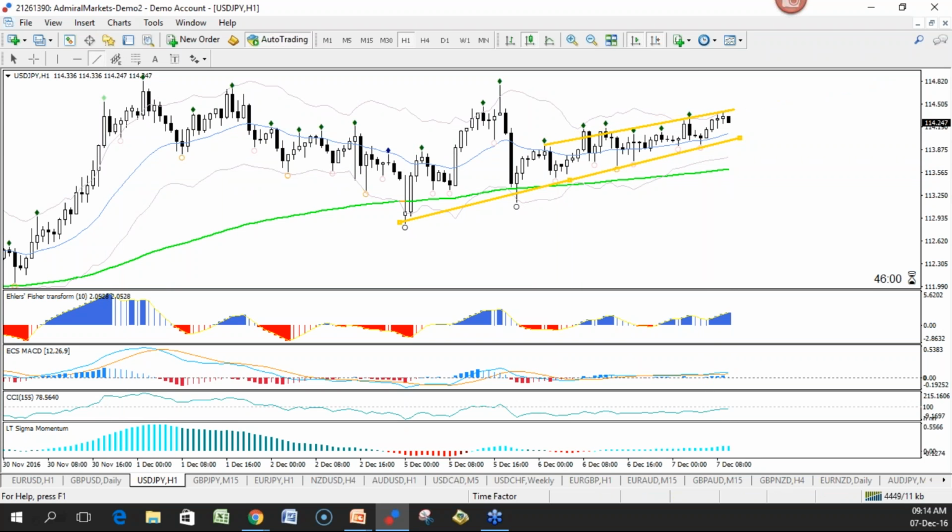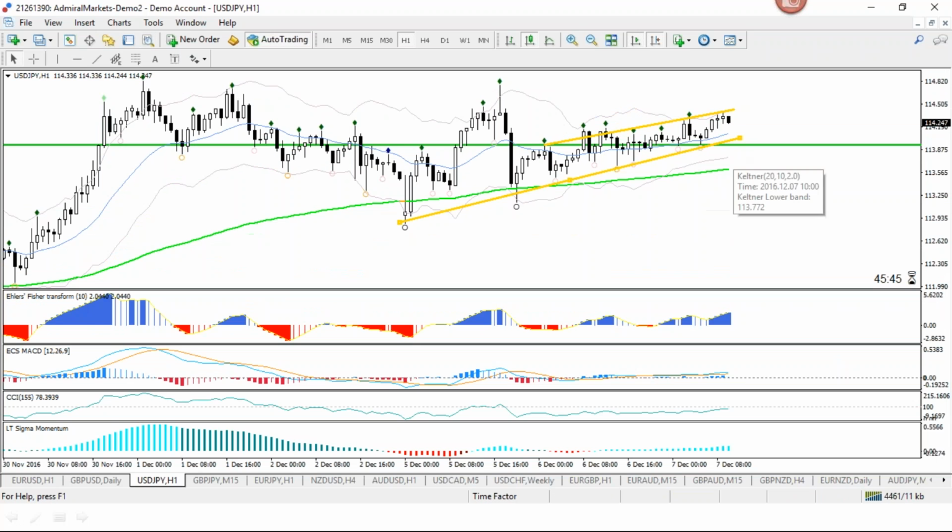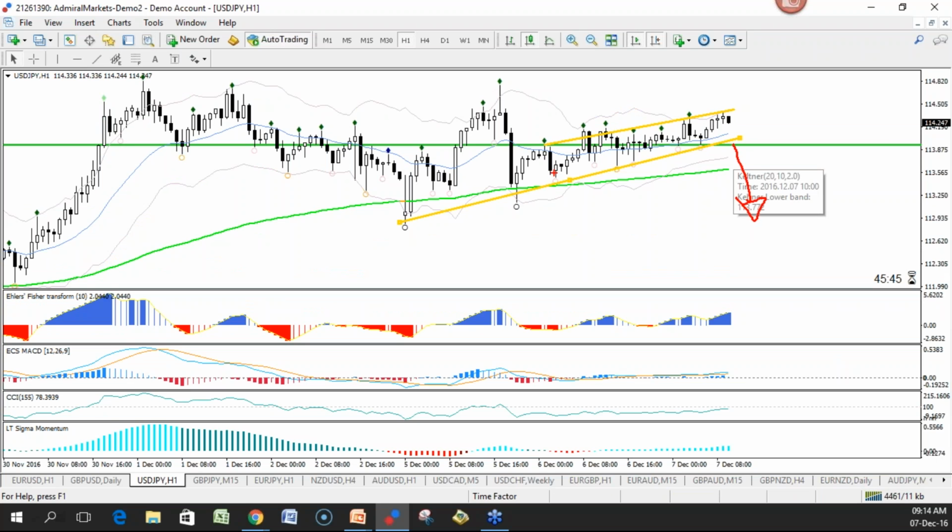If it doesn't break up, then this is starting to look more like a bear flag, and we might see this. So definitely keeping an eye on these bottoms here. If that breaks, there could be a bigger reversal like this, or not reversal, but retracement like that.